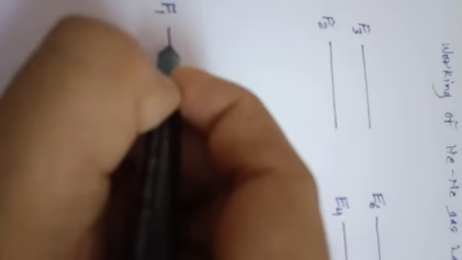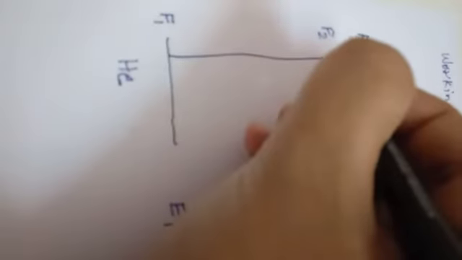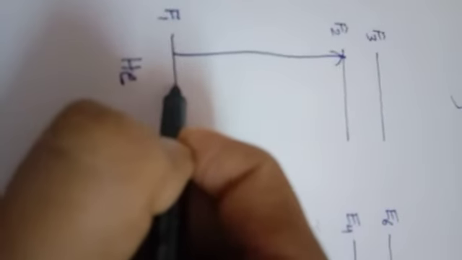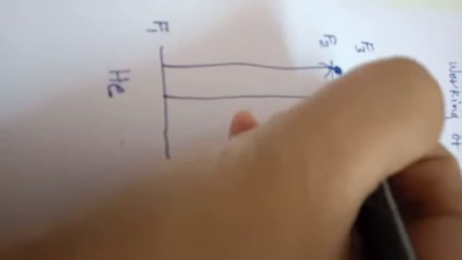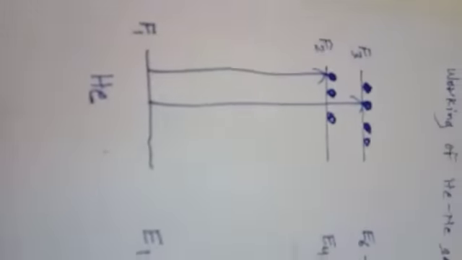Initially the helium atoms present in the ground state will make a transition to the F2 energy level, or they can go to the F3 energy level. This is the metastable state where population inversion of helium atoms is achieved. The majority of the helium atoms will come here and stay for a longer time, and helium is excited.